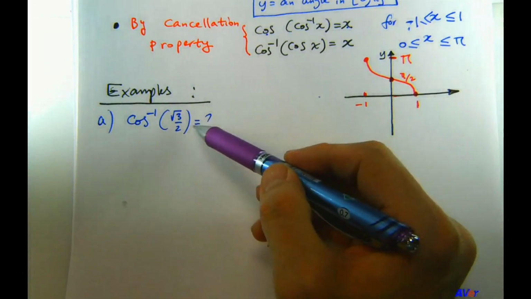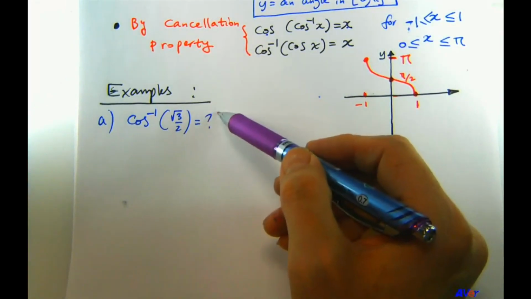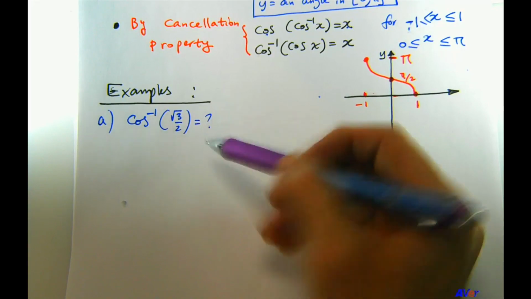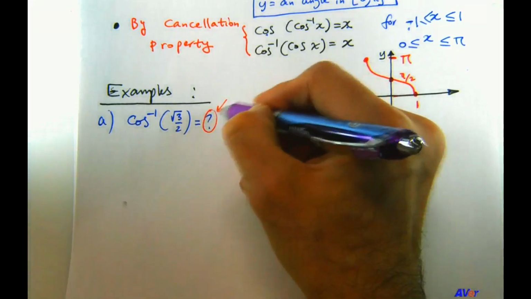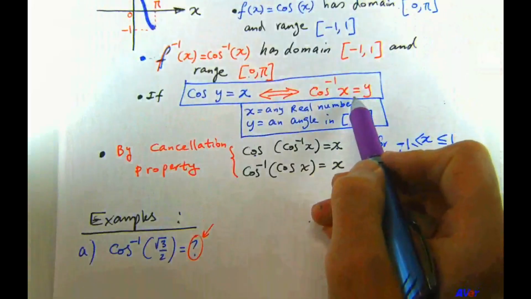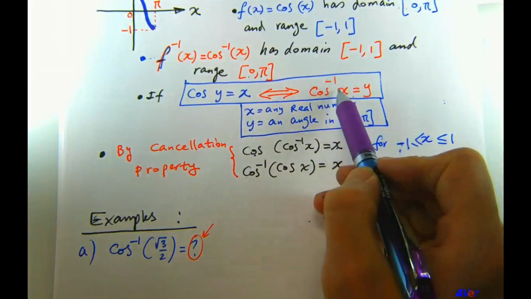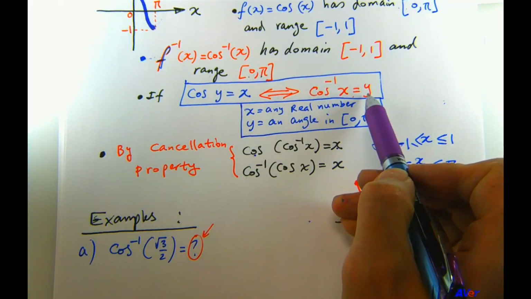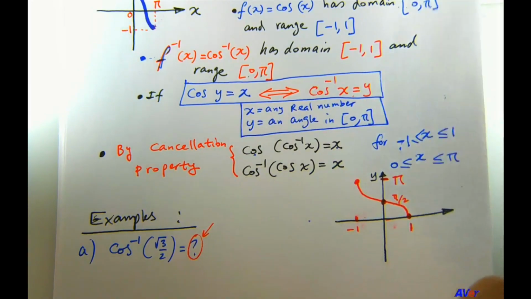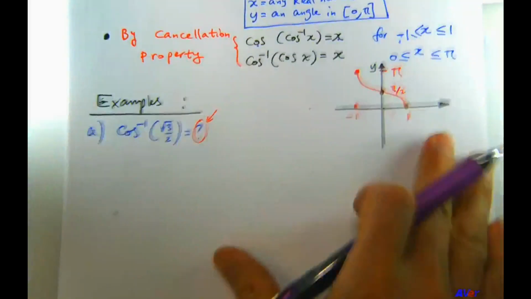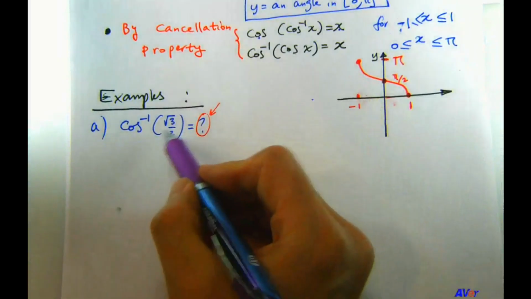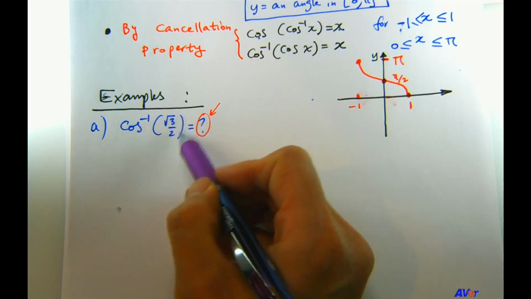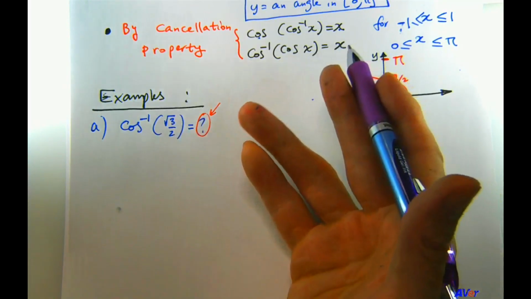If you remember the table of special trigonometric values, this question mark is an angle. That's what I was emphasizing up here. Remember, the inverse of any trigonometric function always leads to an angle. So this question mark is asking us to determine what angle has cosine of square root of 3 over 2. Cosine of what angle is square root of 3 over 2? That's what this question is asking.